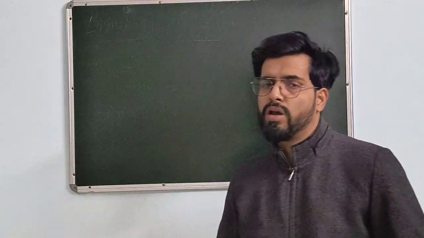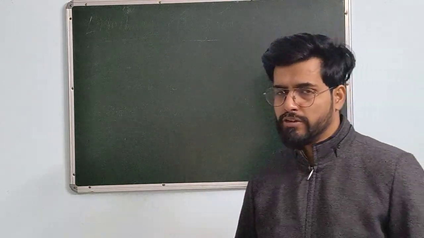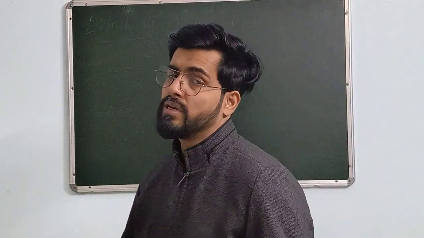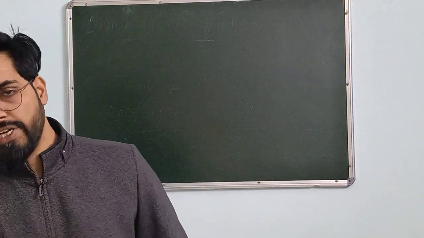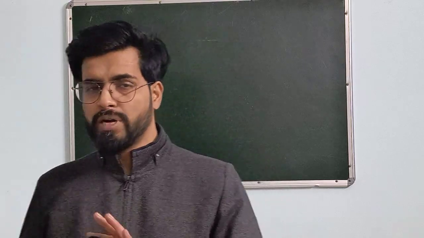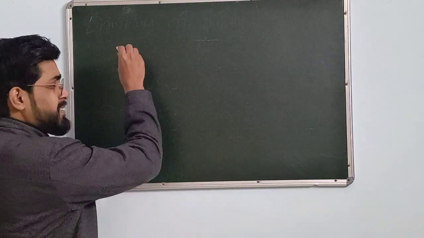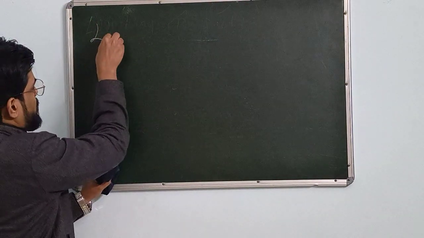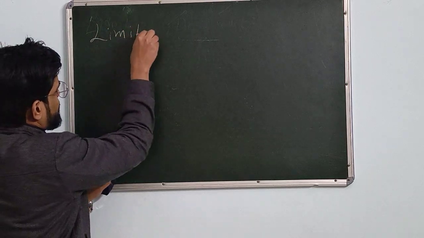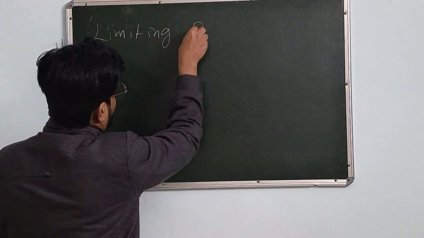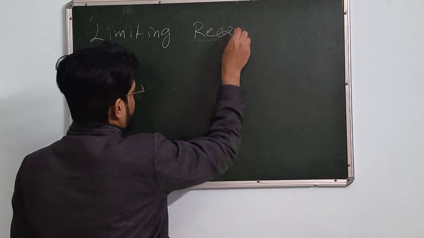So first of all, we have to distinguish whether the given question is related to the limiting reagent or the stoichiometry. Okay, so there are some conditions. Let's discuss limiting reagent.